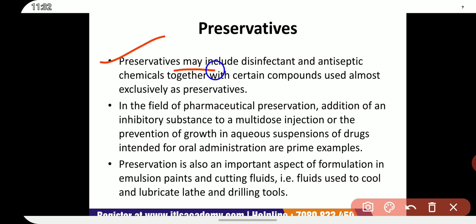Preservatives may include disinfectant and antiseptic chemicals, although sometimes disinfectants, antiseptics, and preservatives mean only one thing, together with certain compounds used almost exclusively as preservatives.